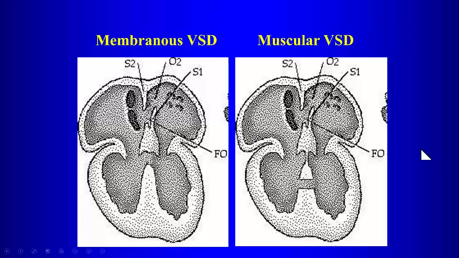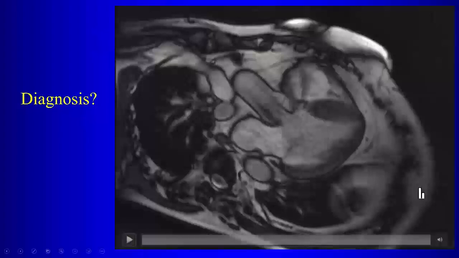For ventricular septal defects, the most common are membranous or perimembranous defects that occur up here in the thinnest portion of the interventricular septum, but you can also have muscular defects that occur through the muscular region of the interventricular septum.